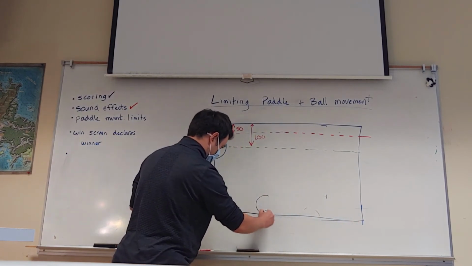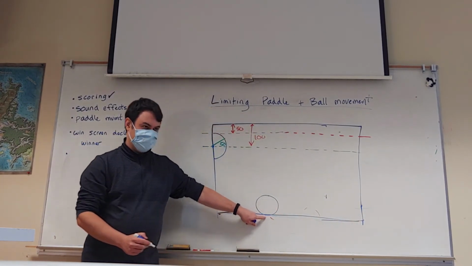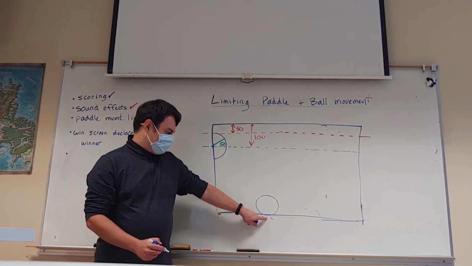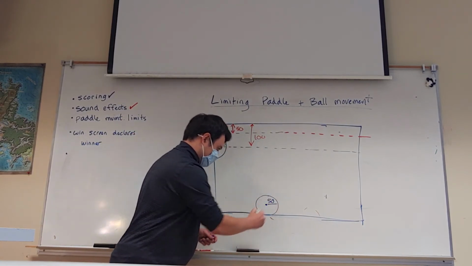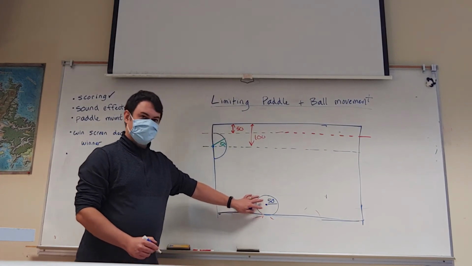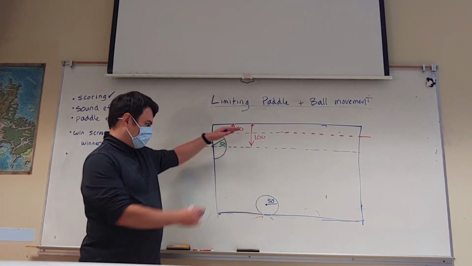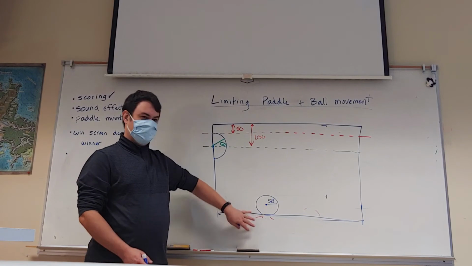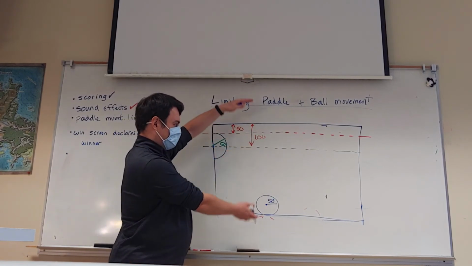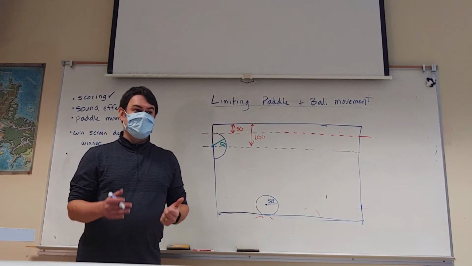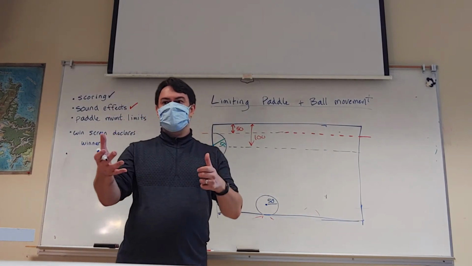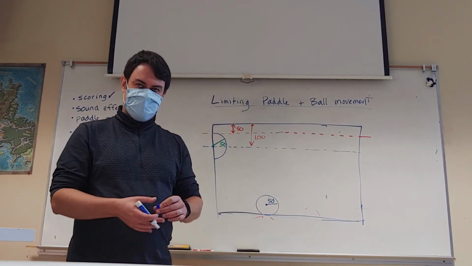So the ball should collide just at the bottom of the screen. Let's say your ball's radius is 50. Then what you should not go beyond is whatever the height of your screen is minus 50. So if this is an 800 tall screen, then it shouldn't go above 750, because of the upside down y-axis.